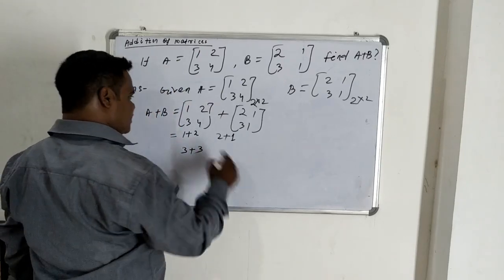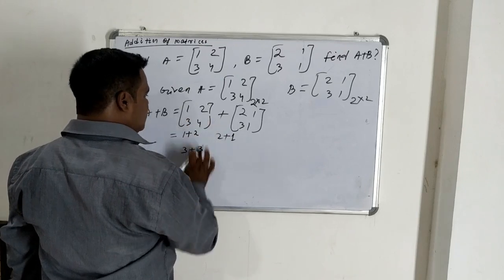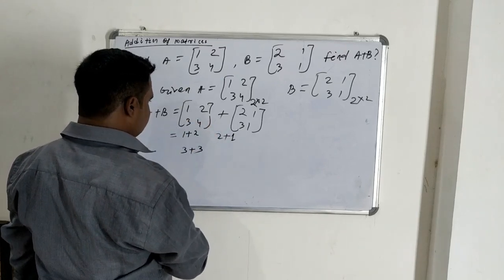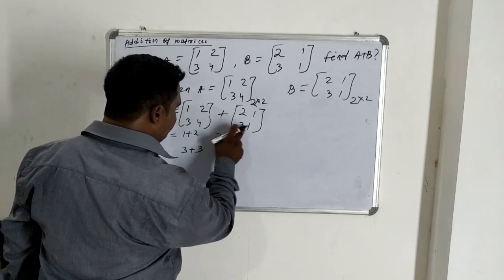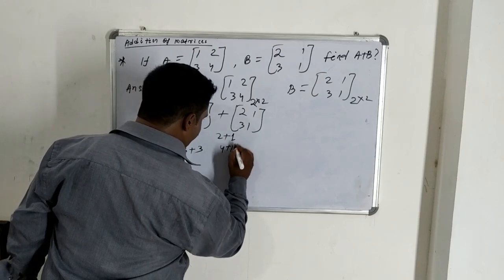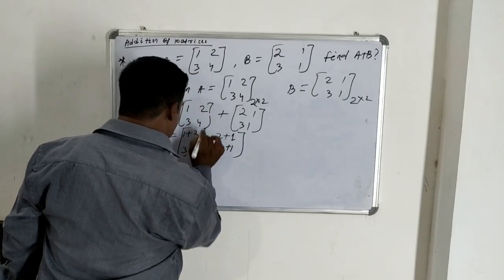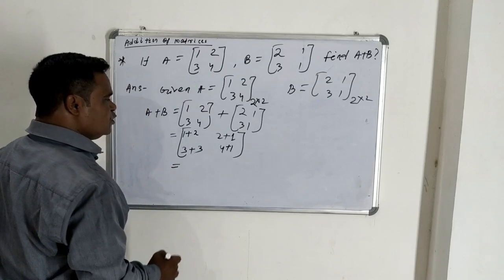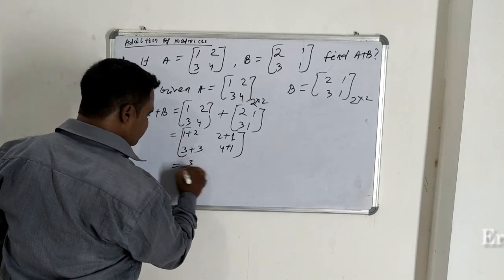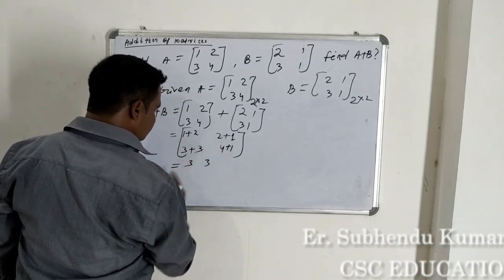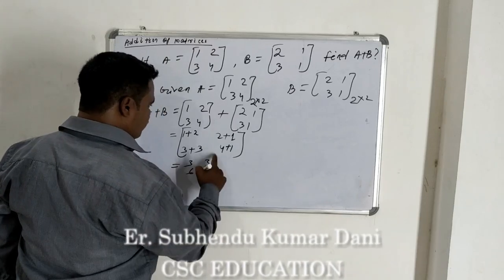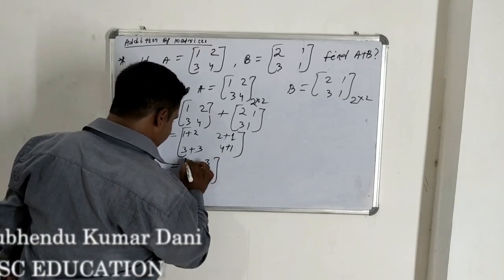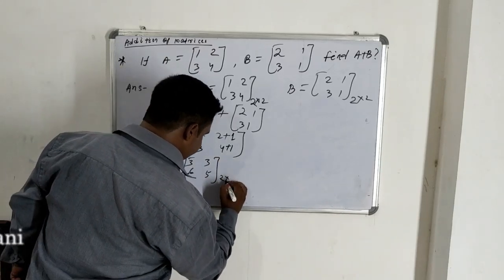Now 4 plus 1. In this way addition is possible. 1 plus 2 is 3, 2 plus 1 is 3, 3 plus 3 is 6, 4 plus 1 is 5. The answer is a 2 by 2 matrix.